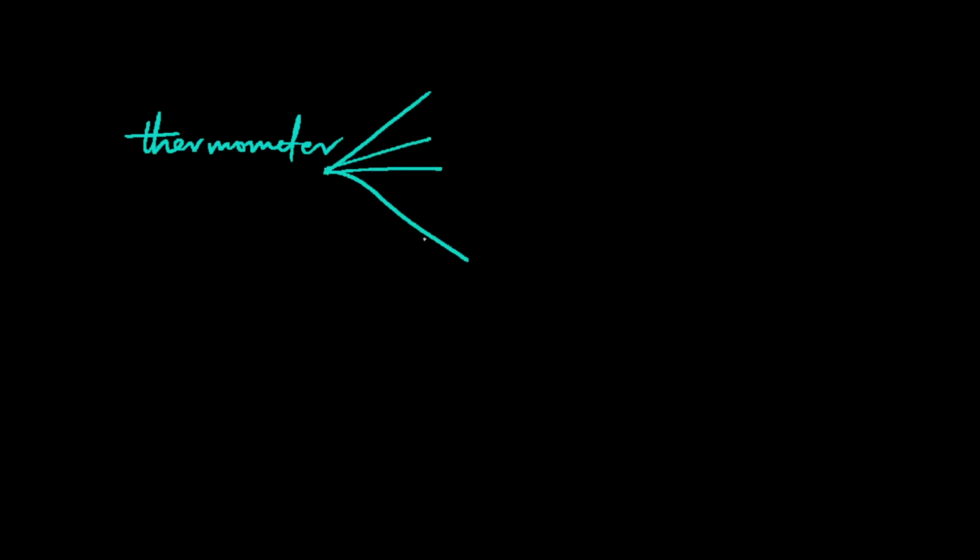But you see, this thermometer uses a particular substance. That substance has the following characteristics. It's sensitive. That's the first characteristic. The second characteristic is easy readability.